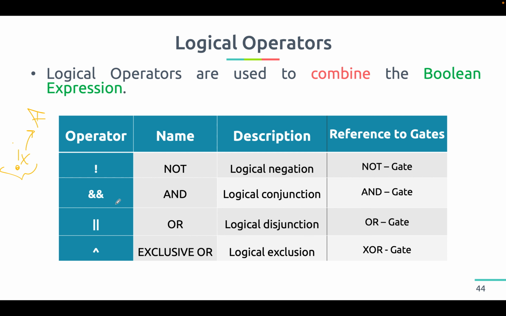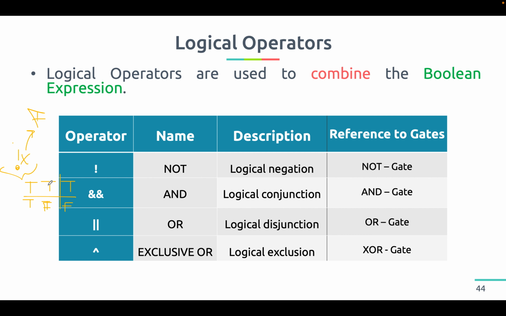The AND operator has its own truth table. If we have a true and another true, it will result in a true. This is the truth table. True and false is false. False and true is false. And false and false is false.